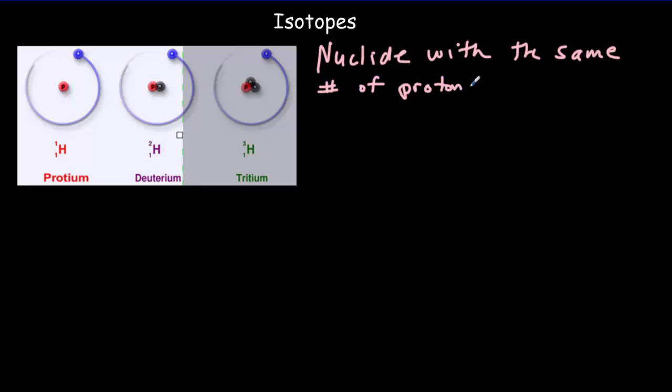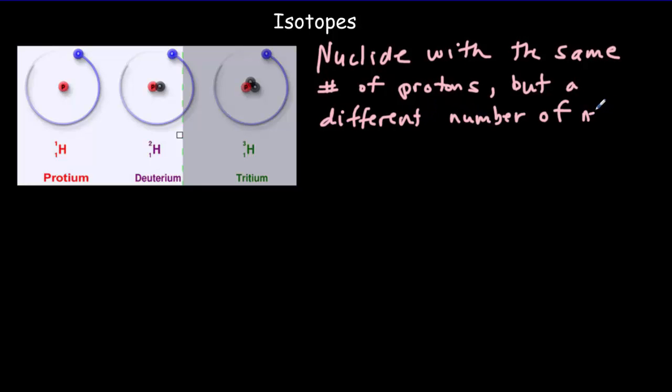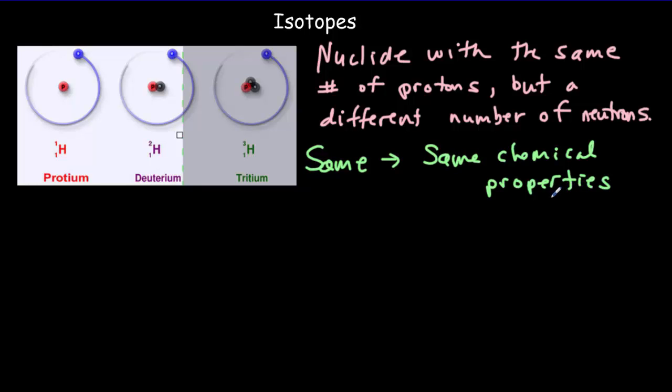And when it's got the same number of protons, that means it's the same element, but a different number of neutrons. So they have a different mass number. And they're going to be alike. They're going to be the same in the sense that they have the same chemical properties. So they behave in the same way when they interact with other atoms.